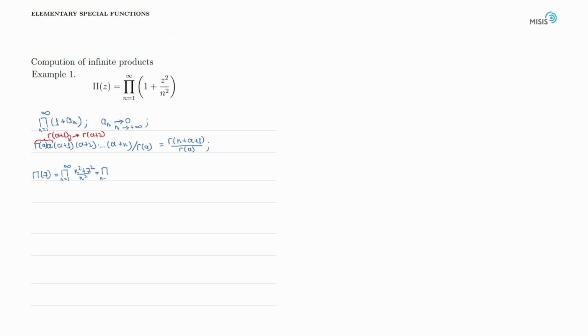Then we expand the denominator, like n plus iz times n minus iz, divided by n here and n here. And then let us make the full expansion. So it's a limit expression, so we put a limit sign here, and here we go.